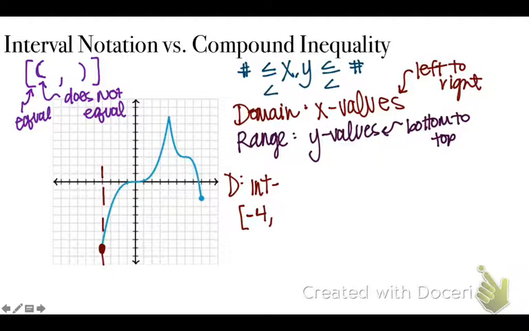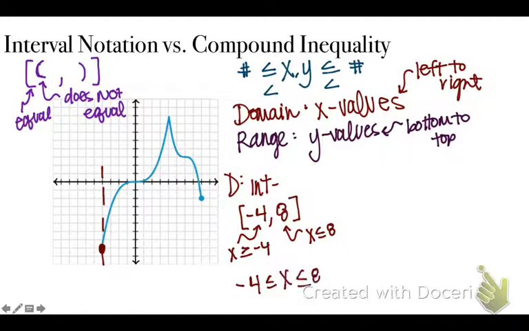The furthest right it goes is 1, 2, 3, 4, 5, 6, 7, 8, to 8. This part tells us x is greater than or equal to -4, and this tells us x is less than or equal to 8. We can put that all together, least to greatest: -4 is less than or equal to x is less than or equal to 8.